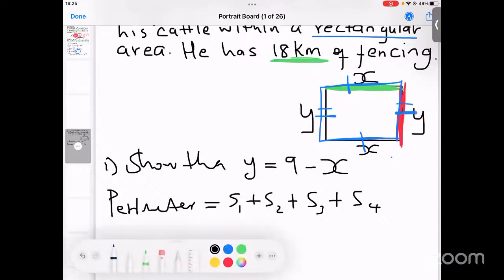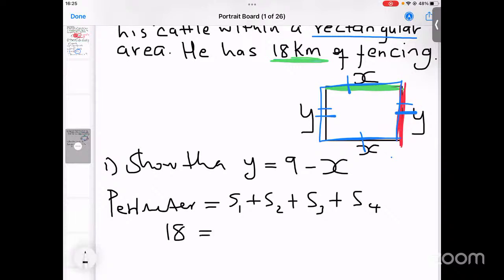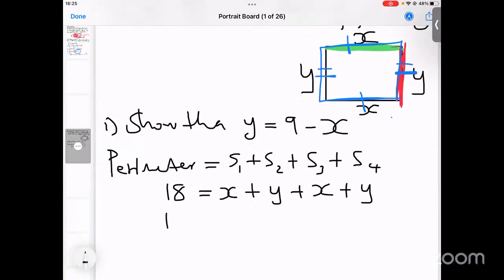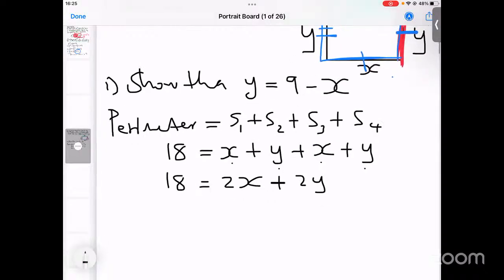So therefore, you will say 18, being the perimeter of that shape, equals side 1, if we say it's x, side 2 can be y, side 3 will be x, and the last side being y. So we end up having this and that. Definitely, it looks like we are having 2x that you will add to 2y. Can you see?